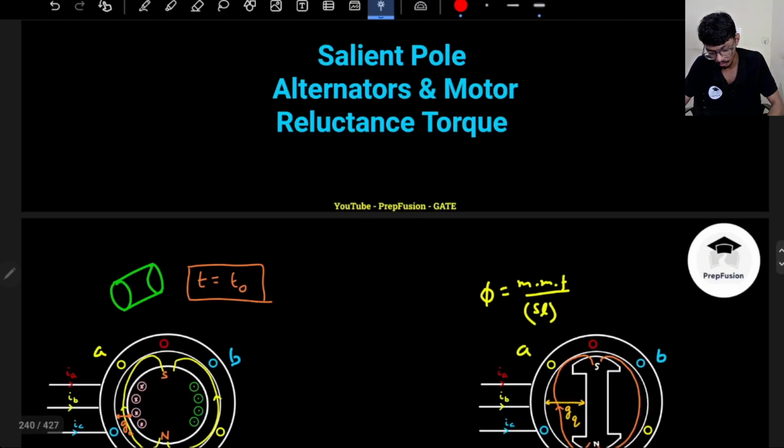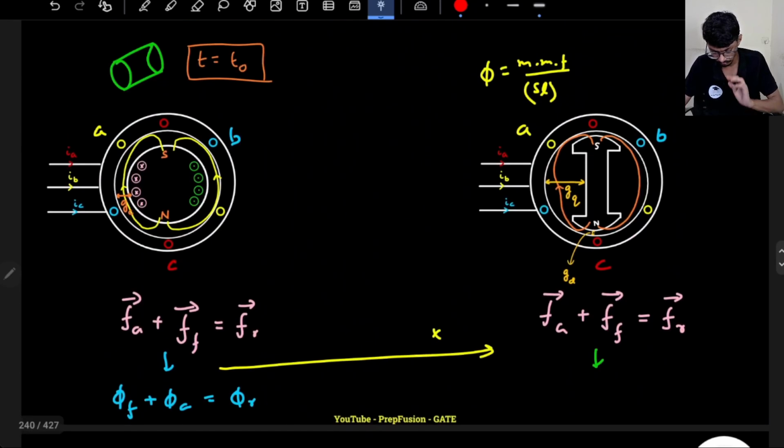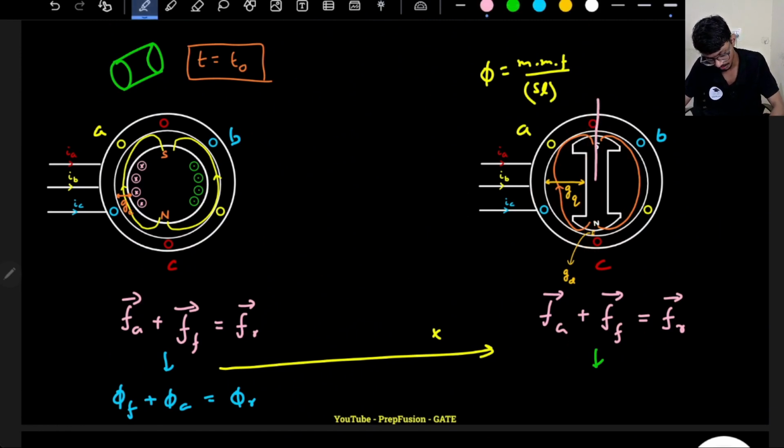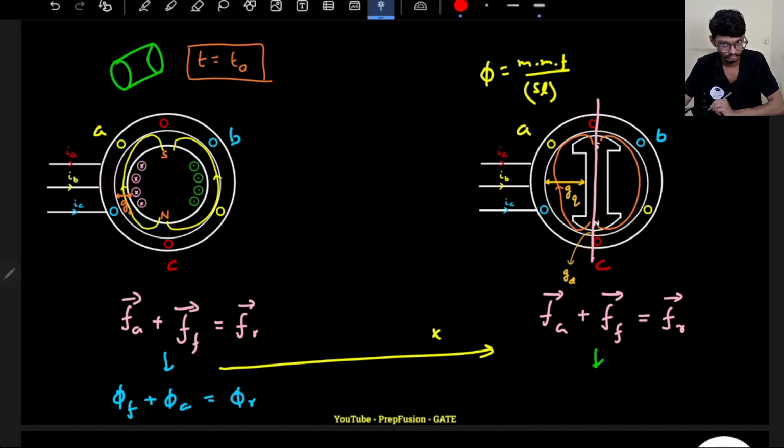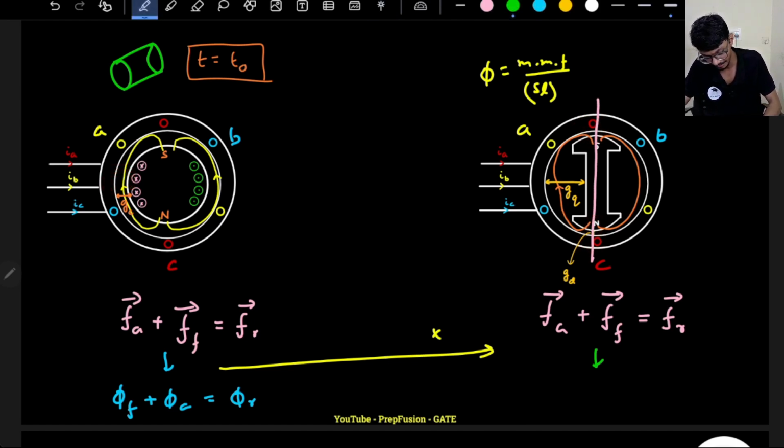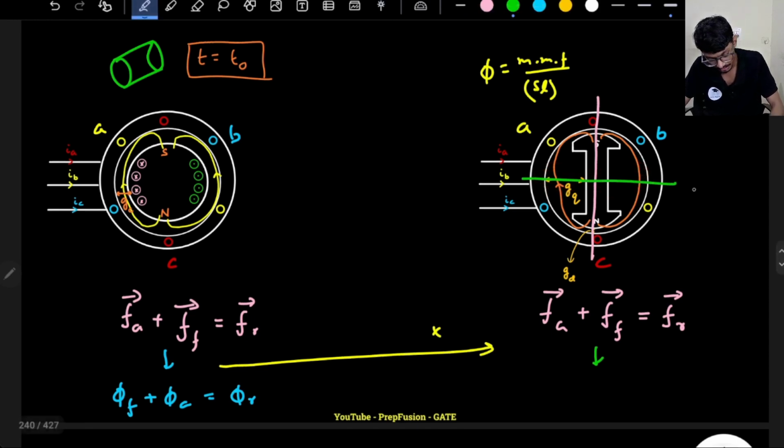Why is it important? Because if I notice this path very carefully, I see I kind of have two paths. One is along this path, that has a fixed air gap similar to a cylindrical pole rotor, and there is another path that is perpendicular, and this also has almost the same air gap, and this is known as the q axis.